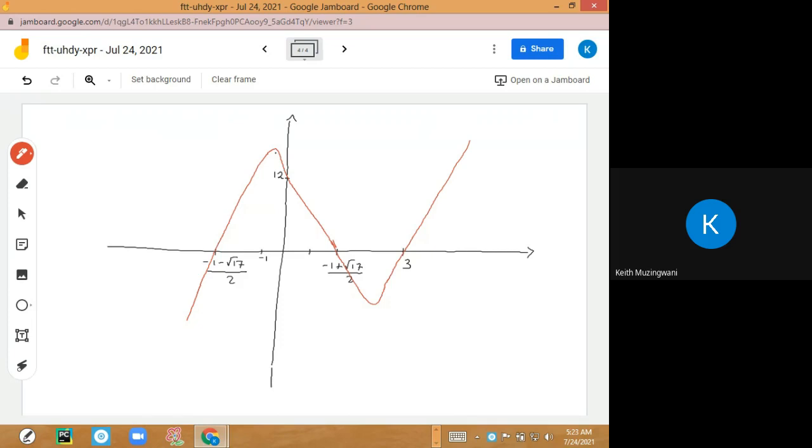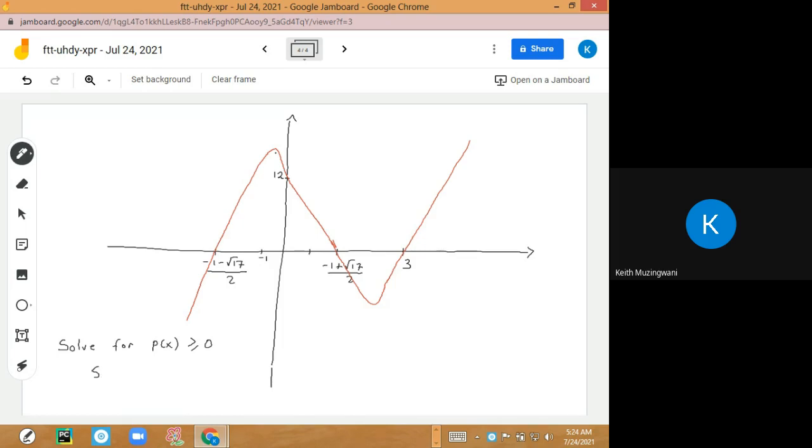So on the same question, if they say solve for P of X greater or equal to 0, after you have sketched it like this, you pick the intervals for which the function is greater or equal to 0. So you pick intervals where it is on the positive y.